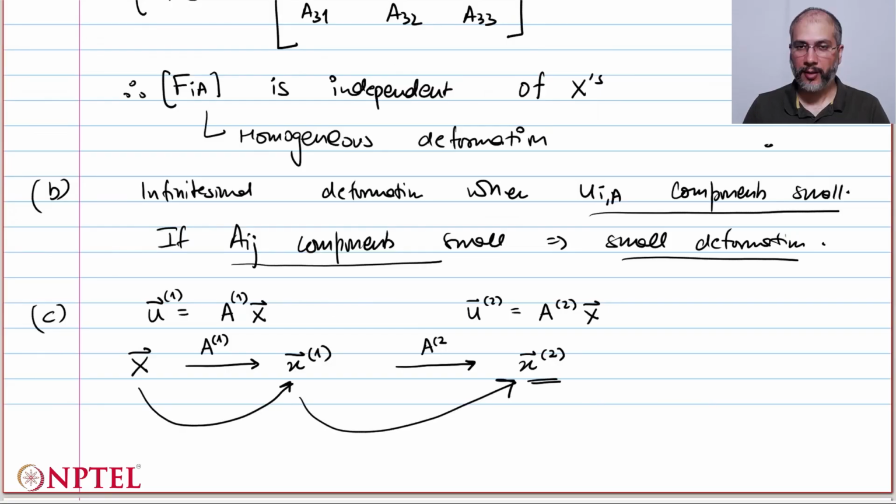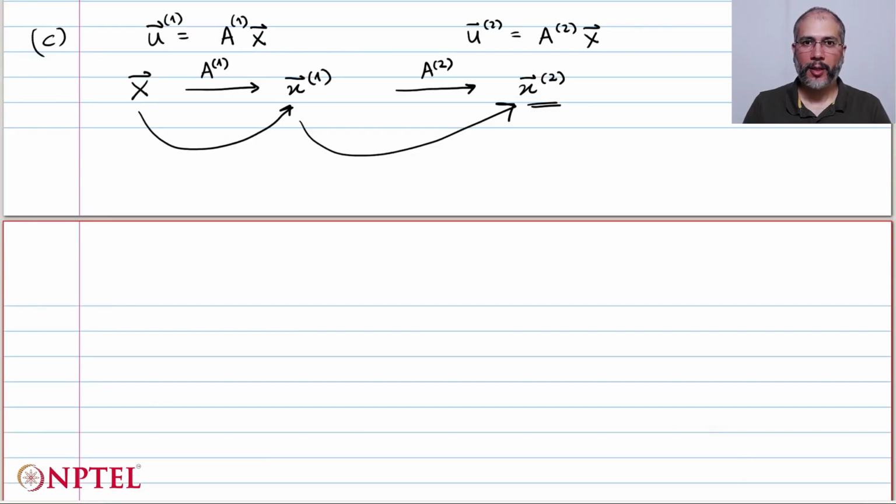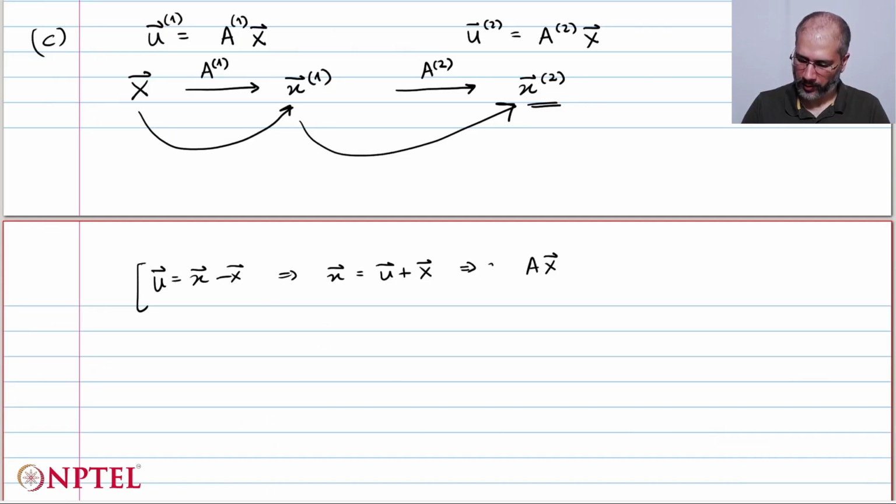And x2's are the final positions of the particles due to these two sequential deformations. So it is best we work with small x's, not the displacements in this case. And since u is defined as small x minus capital X, this implies small x is u plus capital X. And since u is given as A times capital X, small x becomes A times capital X plus capital X, which implies that small x is equal to (A plus identity) times capital X.